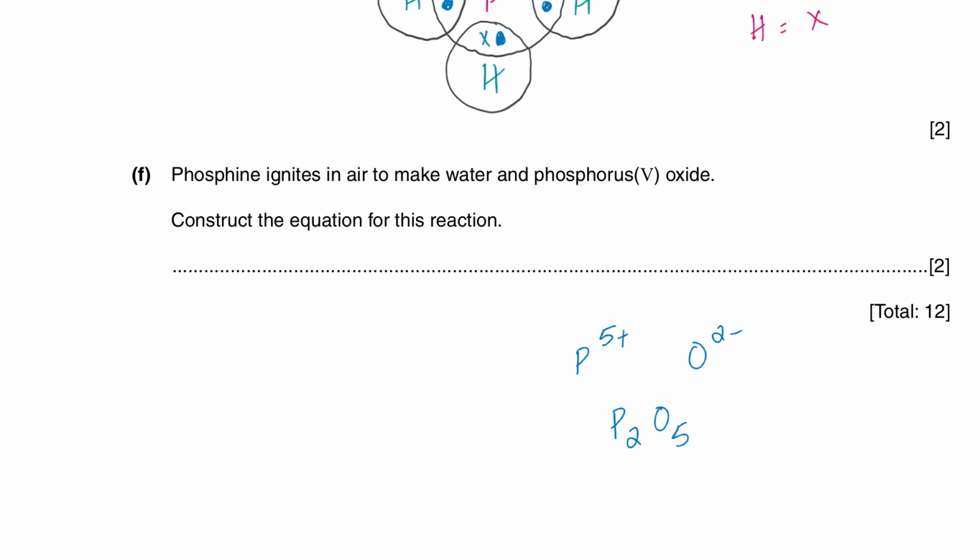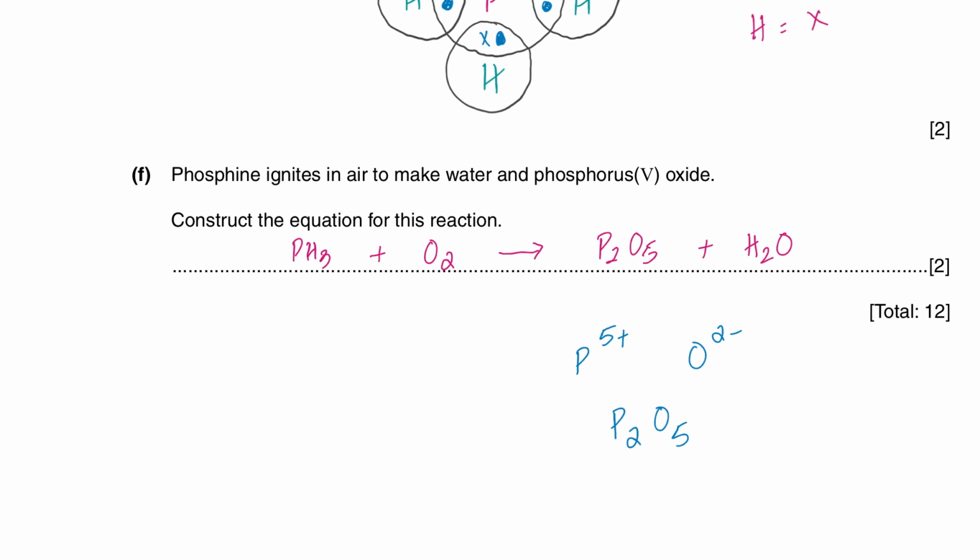That's how you balance it. Phosphorus oxide. Construct the equation for this reaction. Okay, phosphine, PH3 again, reacting with the oxygen in the air to make P2O5 and H2O. Let's try balancing this out.